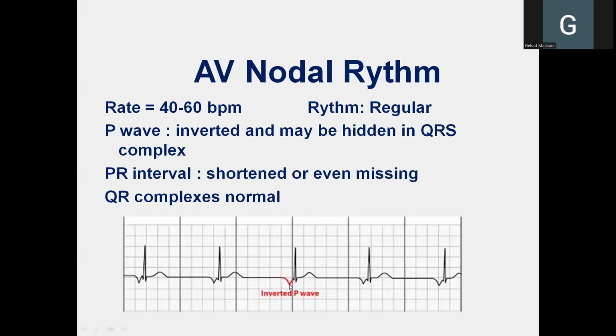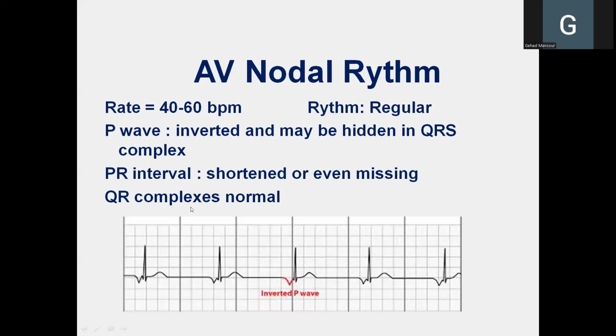But this time it arose from the AV node and moved upward in the opposite direction towards the SA node to spread over the myocardium. And that's why the P wave is inverted. So why is the P wave inverted? Because the wave of depolarization originates from the AV node and spreads from below upward over the myocardium.